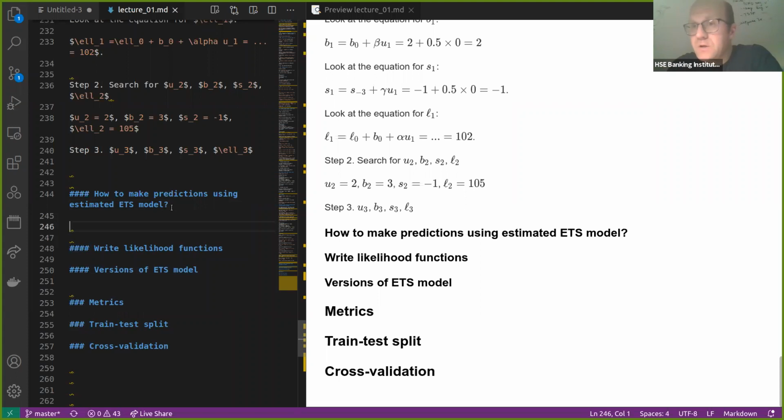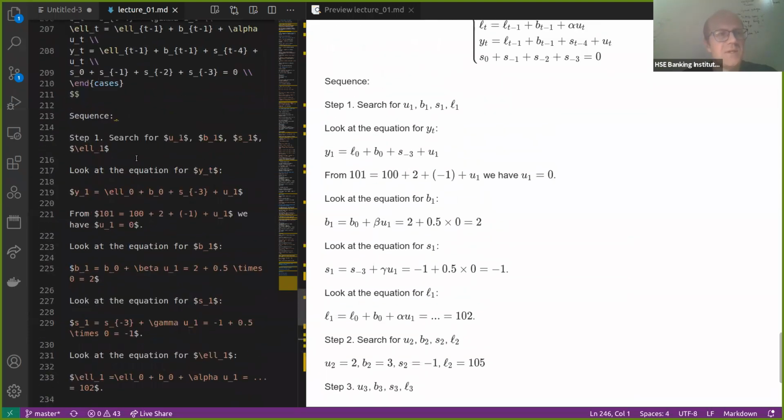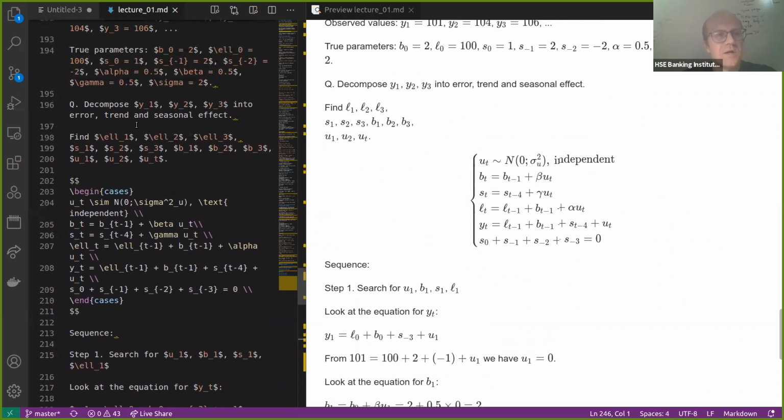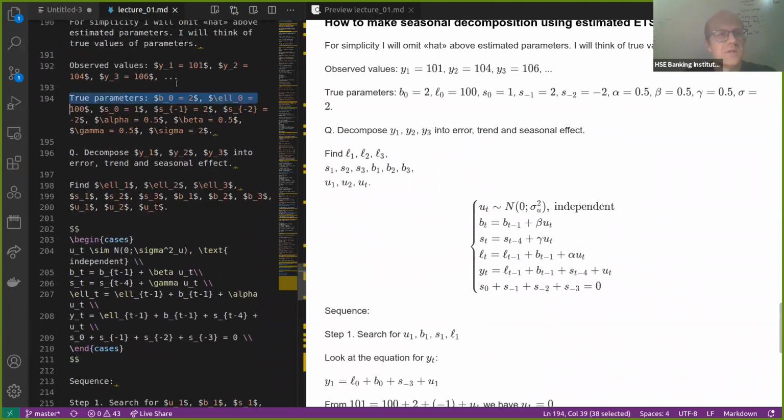Let's make a predictive interval for Y101. Let's make interval predictions, and here we will use sigma, because when you make point predictions, you don't need variance at all. To simplify, let's have the same parameters. These are true parameters.